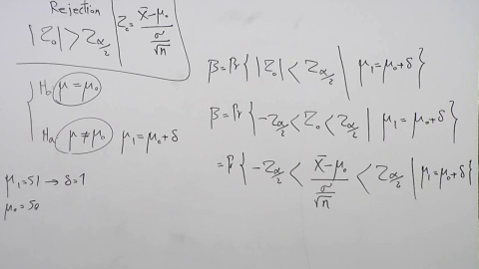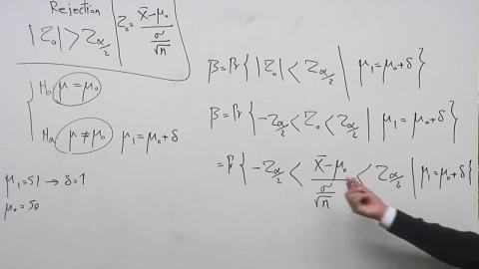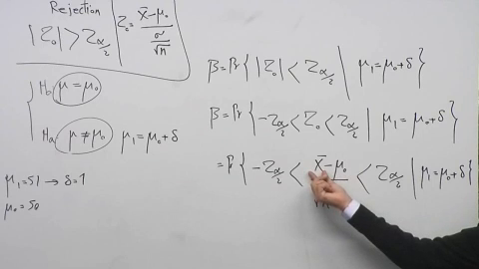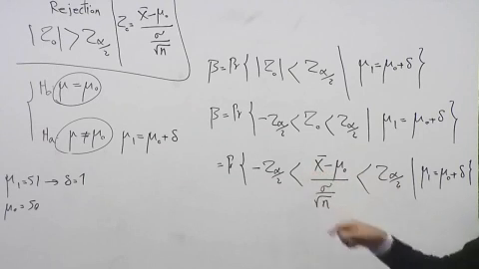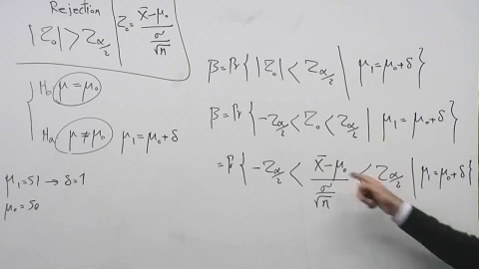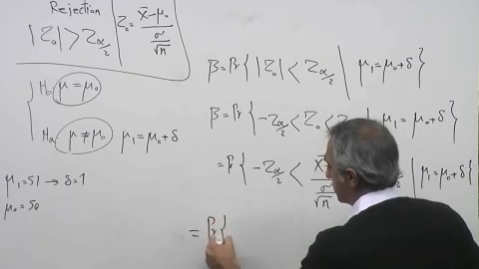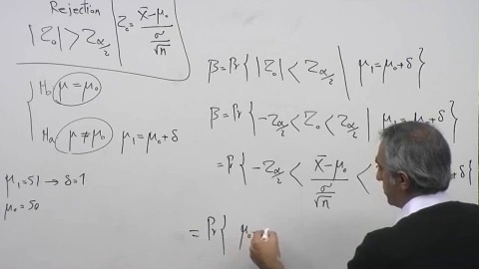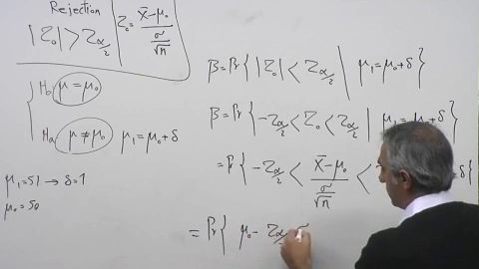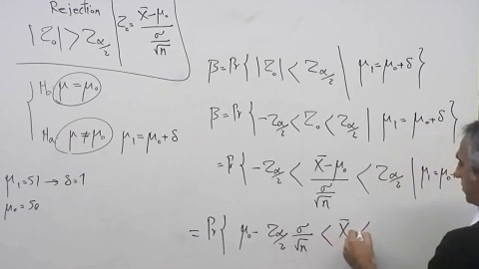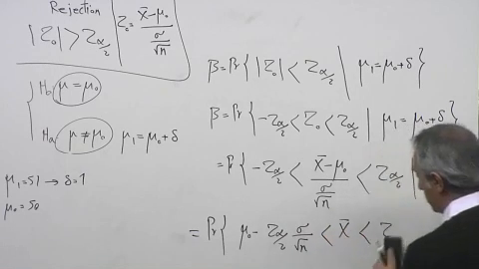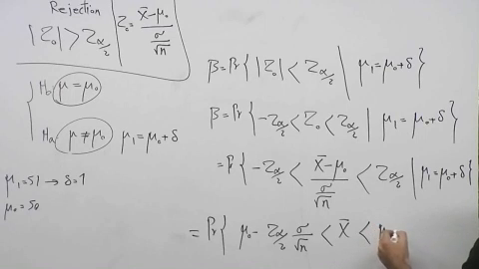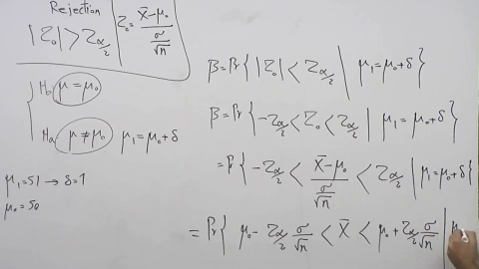So what should I do? I want to have x bar in between because I know the distribution of x bar. Therefore, I do some multiplication and summation to isolate x bar in between. So it's the probability of mu0 minus z alpha, and x bar is in between mu0 plus z alpha, given mu1 is mu0 plus delta.